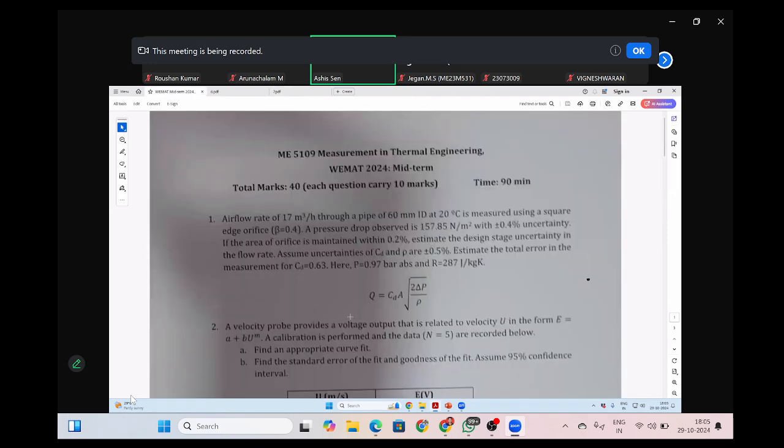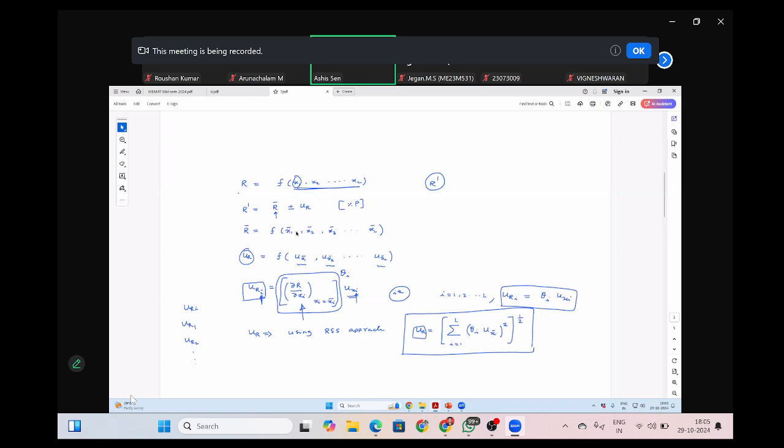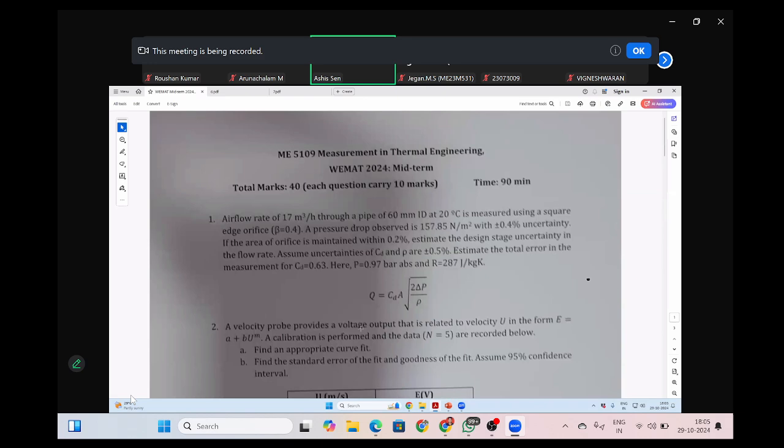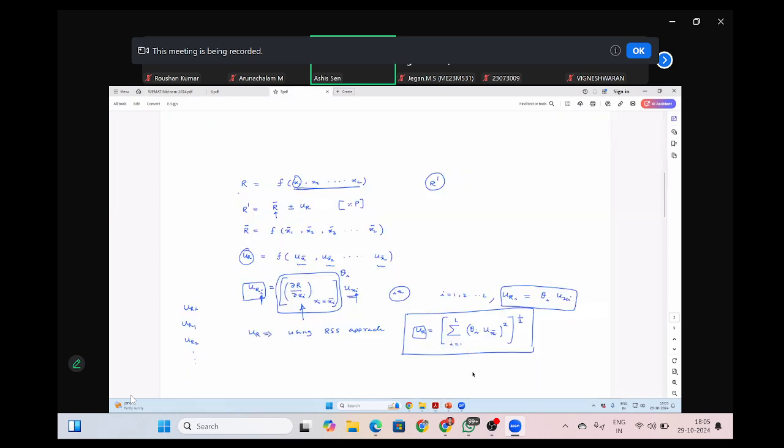Now in this case, R is basically Q, okay? And each of these variables x1, x2, x3, x4 are basically CD, A, delta P, and rho. So we do the same thing basically. You have the uncertainty in R equal to dou R over dou xi at x mean into the uncertainty of the individual variable, square and sum it and take square root.